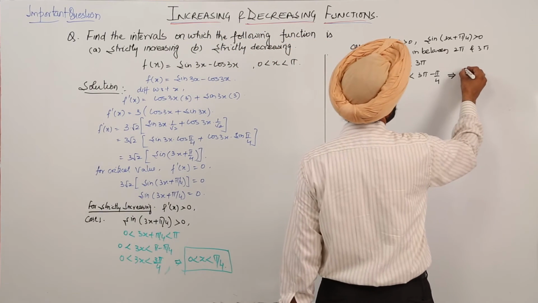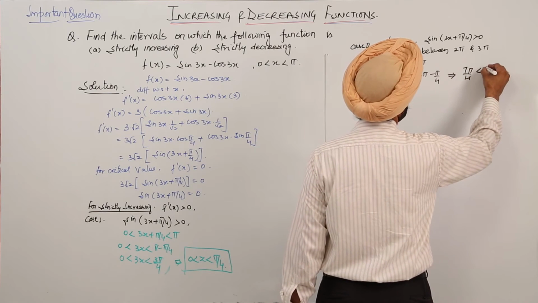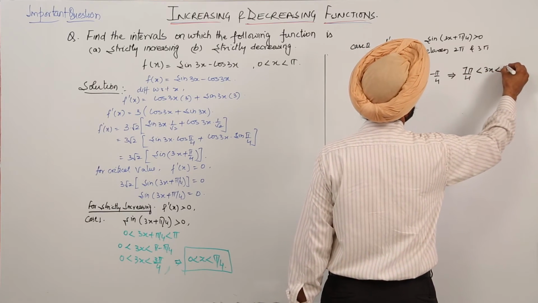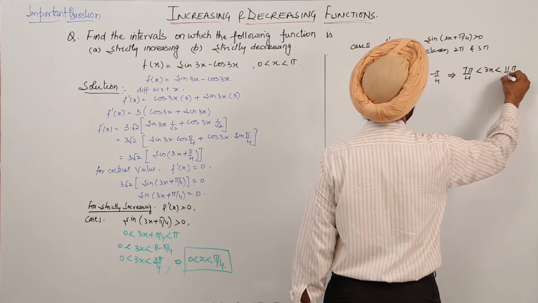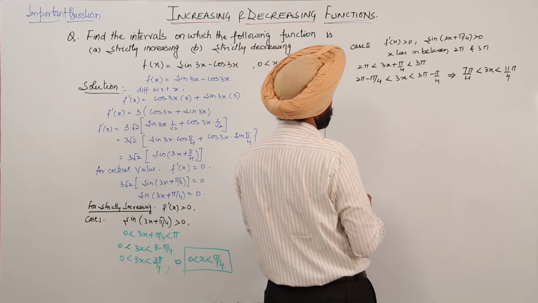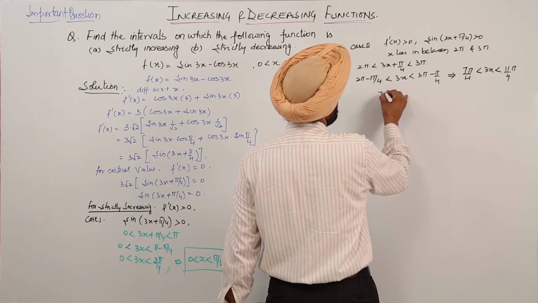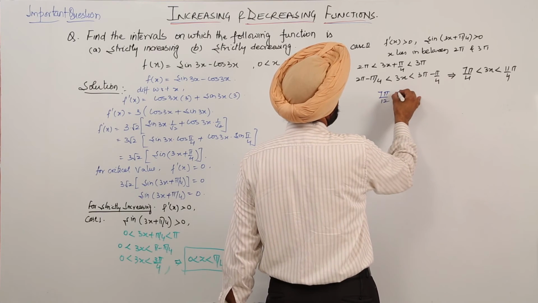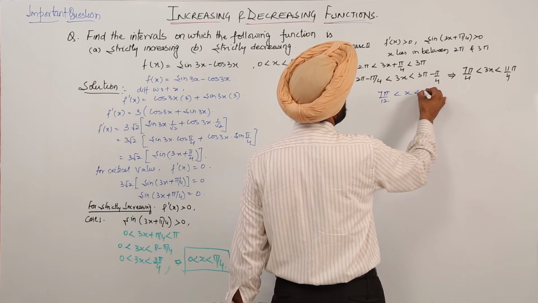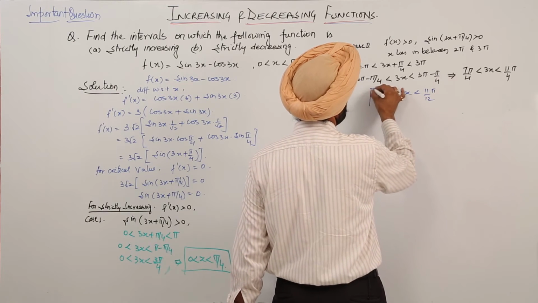So we have 7 pi by 4 is less than 3x is less than 11 pi by 4. And finally we have 7 pi by 12 is less than x is less than 11 pi by 12.